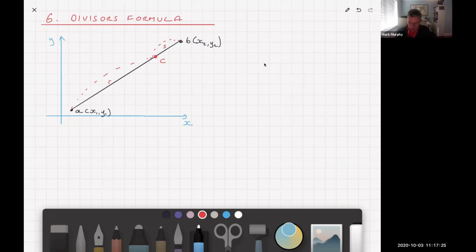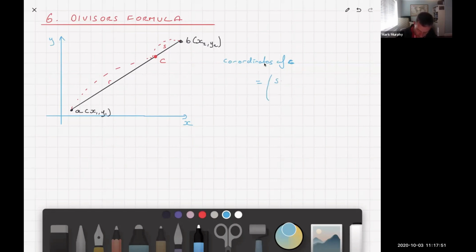The formula is quite simple, but there's a little trick in it, and I'll show you in a minute what that is. So let's do it in blue writing. The coordinates of C are equal to the following.